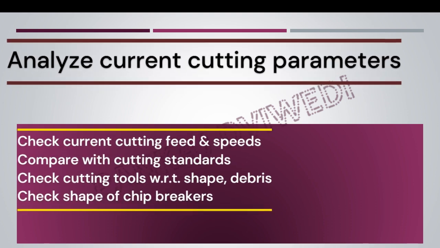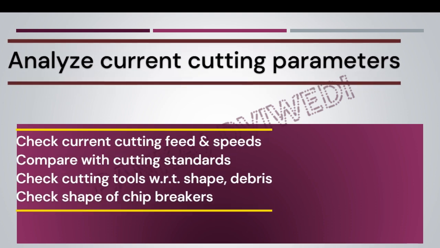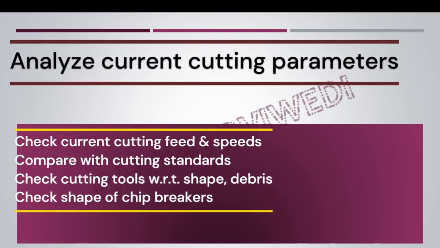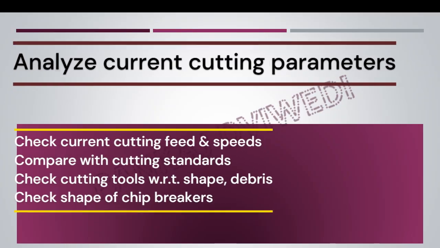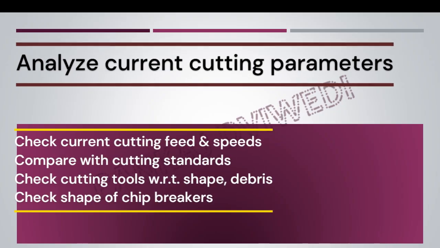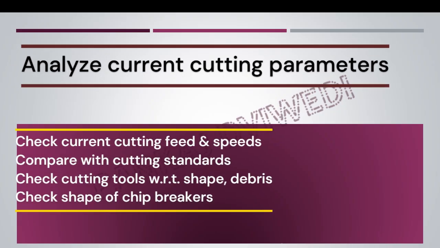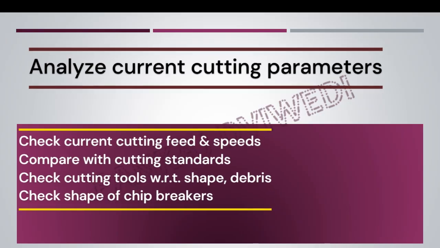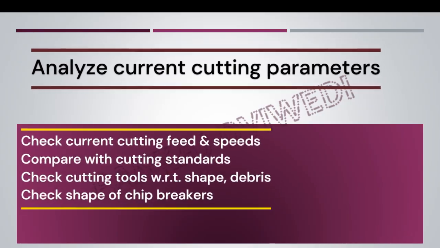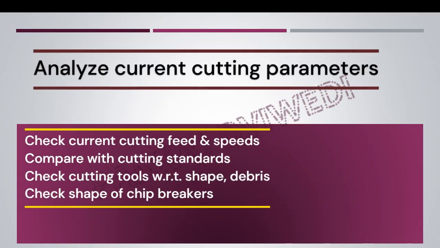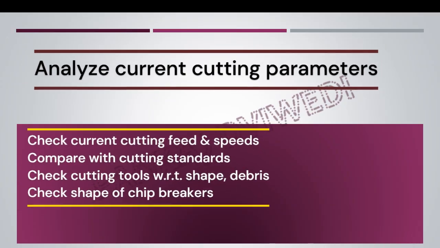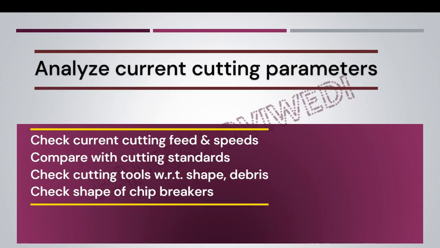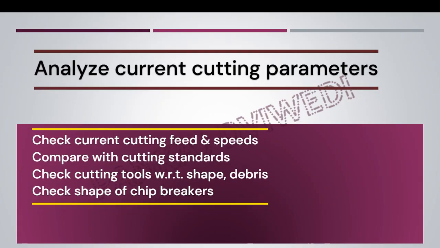So compare current cutting feed and speeds with the cutting standards, and in parallel also analyze the shape of the tool and the cutting debris, what kind of chip they are forming. Analyze the chip breaker, whether it is as per standards, along with cutting feed and speed.